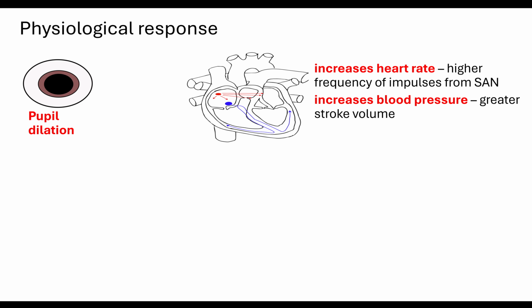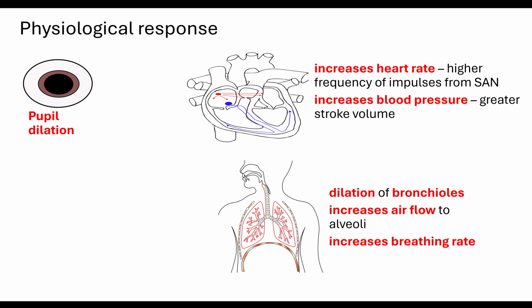You've got an increase in the heart rate where you're going to have a higher frequency of impulses from the sinoatrial node. Also, it's going to signal for an increased blood pressure, a greater stroke volume, more blood being pumped around the body, therefore supplying the necessary oxygen and glucose for respiration to occur.